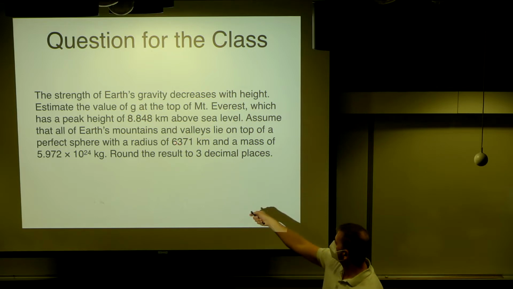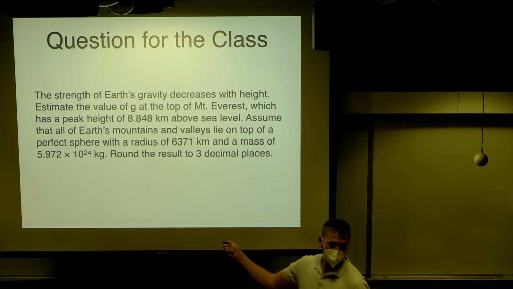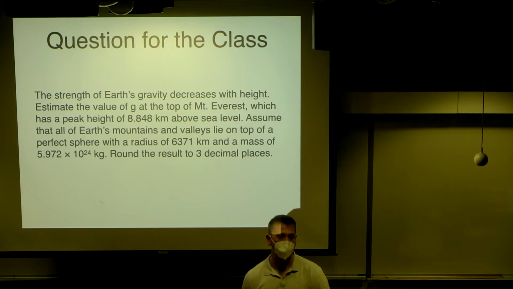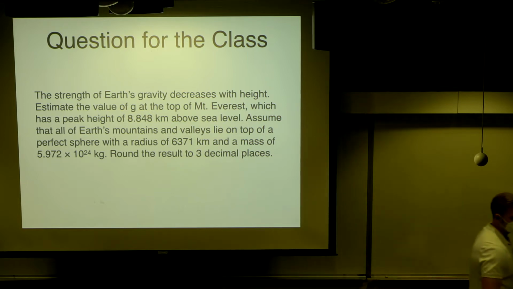The radius of the Earth is 6,371 kilometers. The mass of Earth is right here. This is going to be slightly less than the value we're used to of 9.8 meters per second squared, but you'll have to go to 3 decimal places to actually see the difference. So when you do this calculation, try rounding to 3 decimal places.